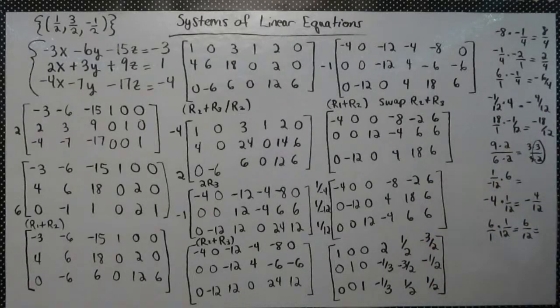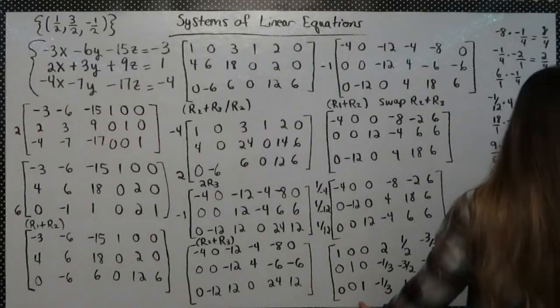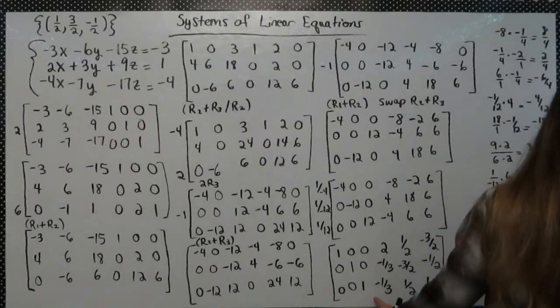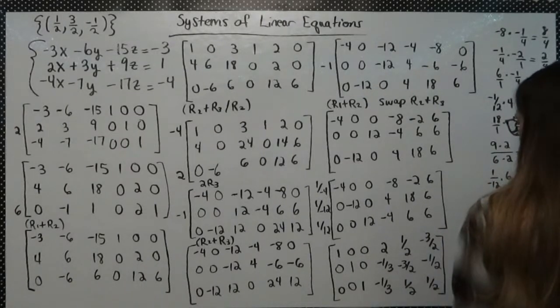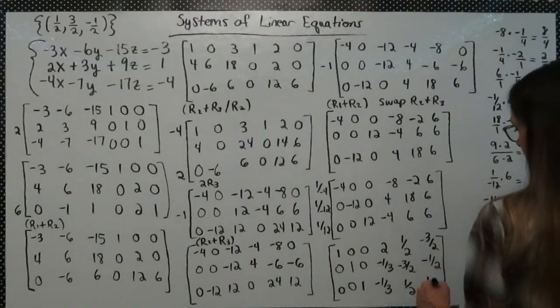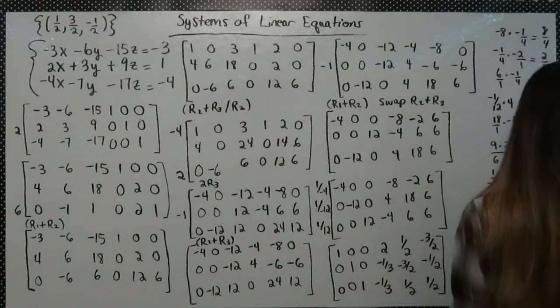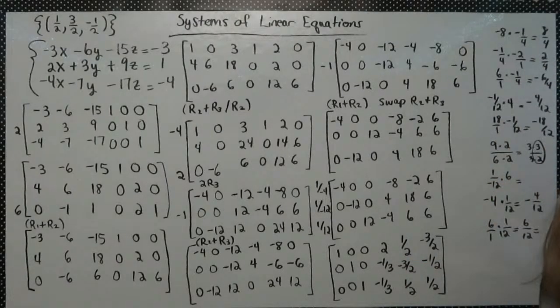We essentially have found the inverse. So this is the inverse of our matrix here. And I did find it using a calculator. Now let me make sure, because I have it written down here.